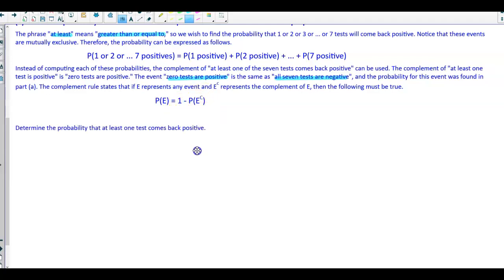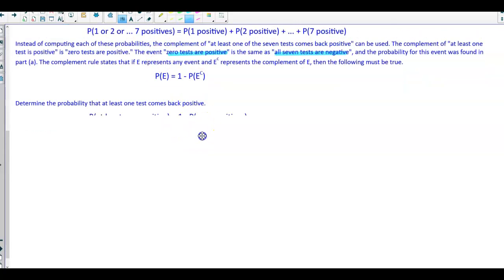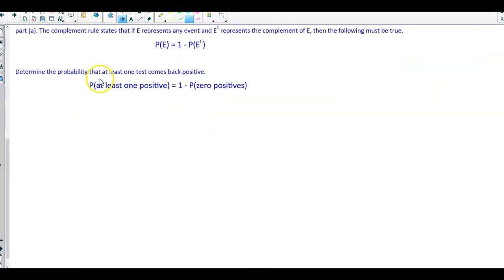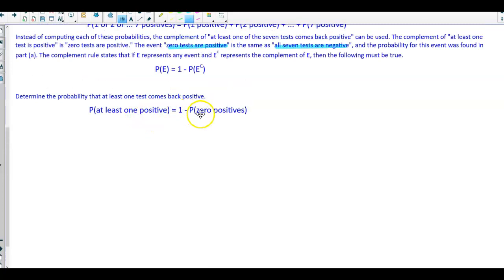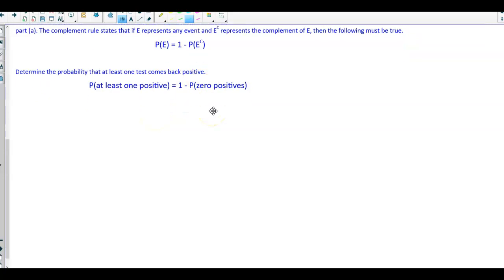So now we're going to determine the probability that at least one test comes back positive using the information from Part A. Remember that at least one positive means 1 minus the complement of at least one positive. The complement of at least one positive is 0 positives, which is the same thing as all 7 are negative, which is what we found in the previous example.